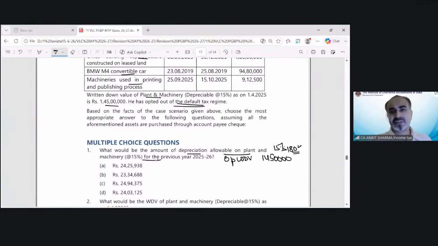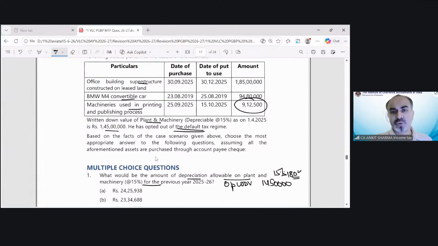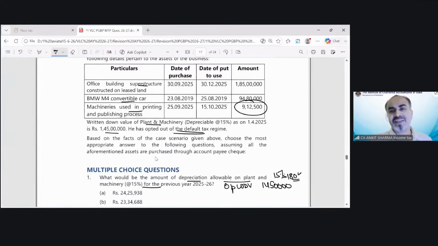The new machine has been purchased and put to use on 15th October 25 for 9,12,500, and because it has been put to use for less than 180 days, the rate would be 7.5% to apply.